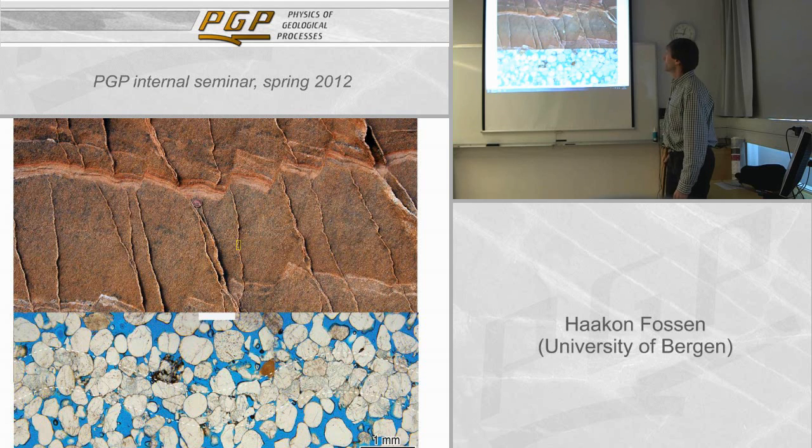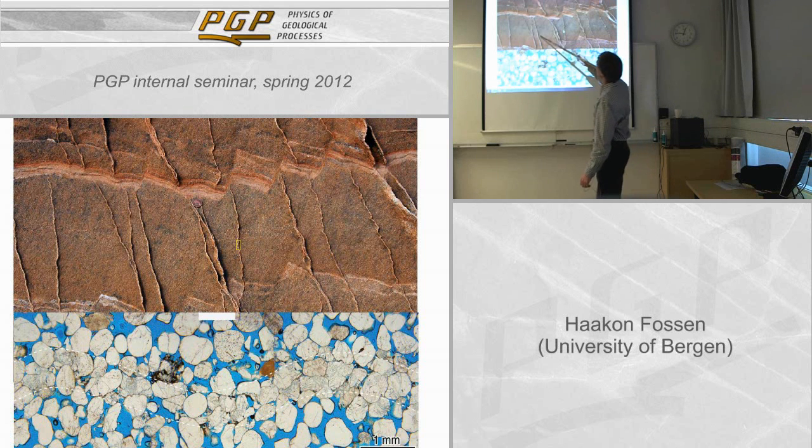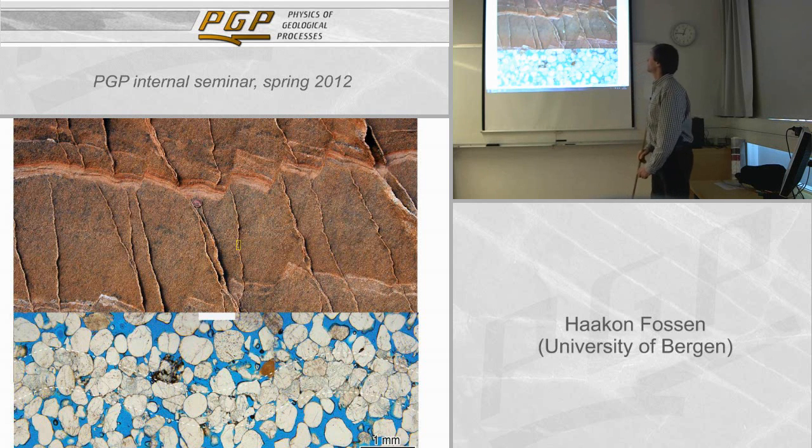So both of those mechanisms operated during the formation. And also note that these bands do not cross this particular, a little bit more fine-grained layer. So they are very, very selective when it comes to where they want to live, basically. They don't occur in all kinds of layers, even though everything here is sandstone.